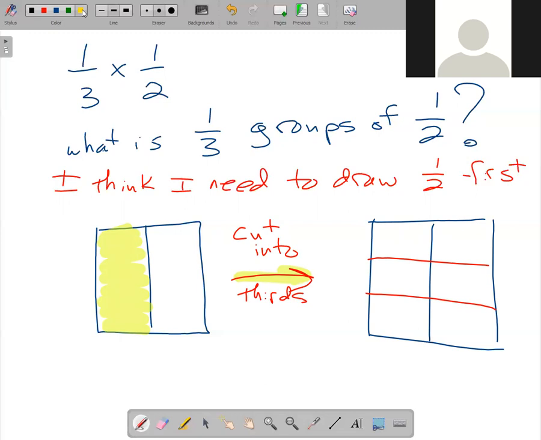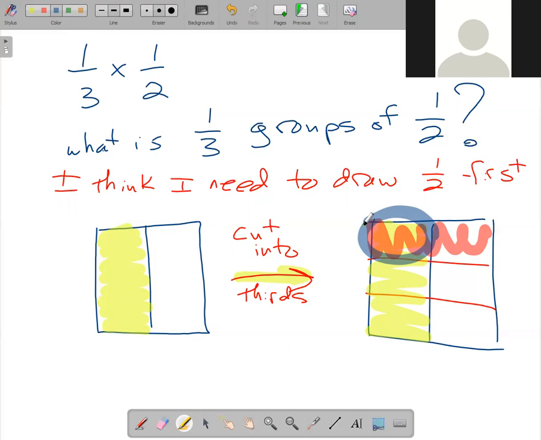And although I started with that half, I now want to only look at 1/3 of that half, which is just that piece right there.